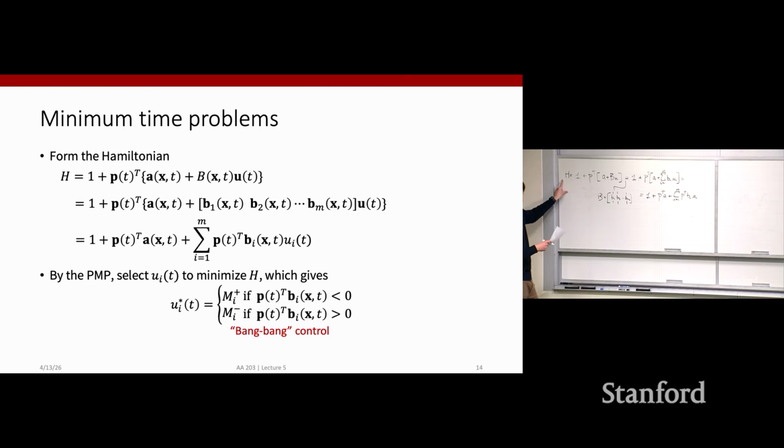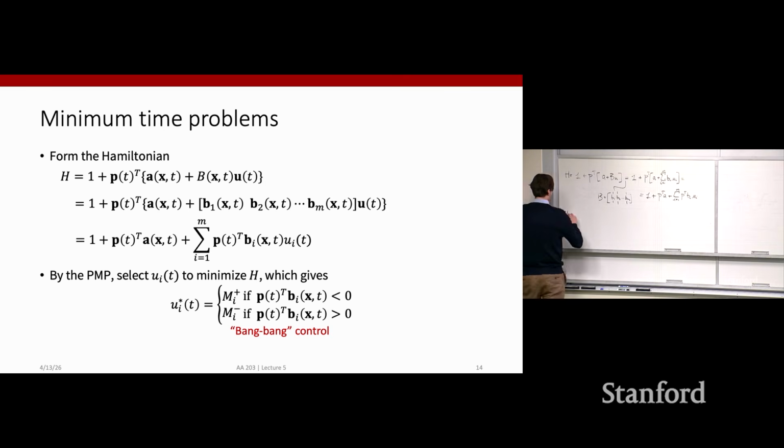Now, as we did before, we want to start from the optimality conditions, which in this case, according to the Pontryagin minimum principle, means that we want to find u that is the global minimizer of the Hamiltonian.